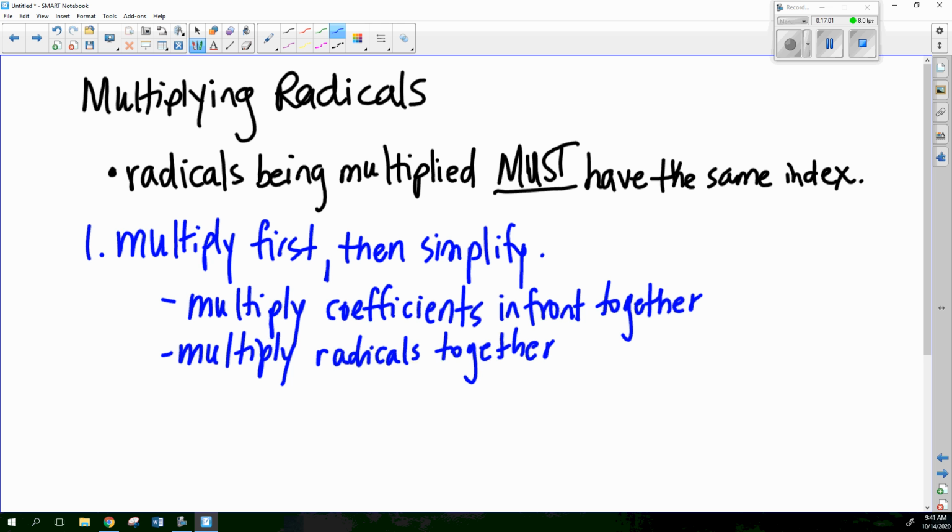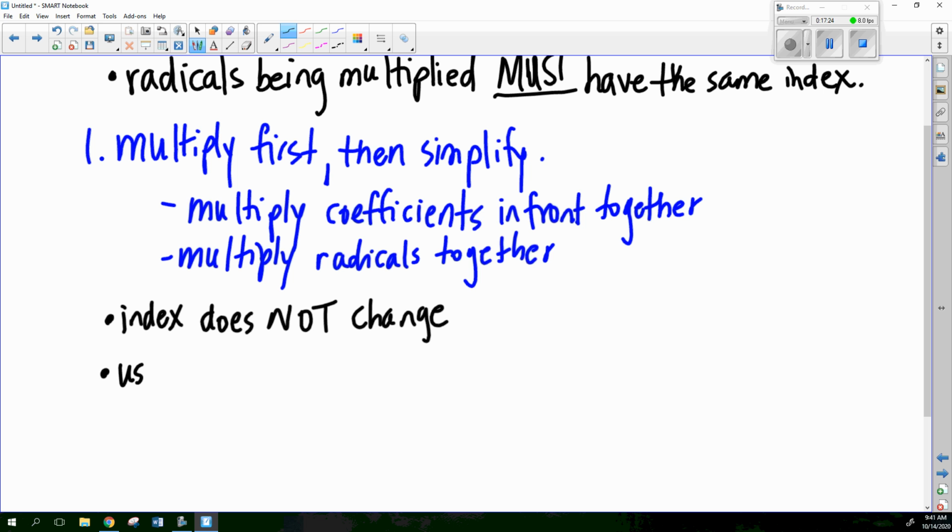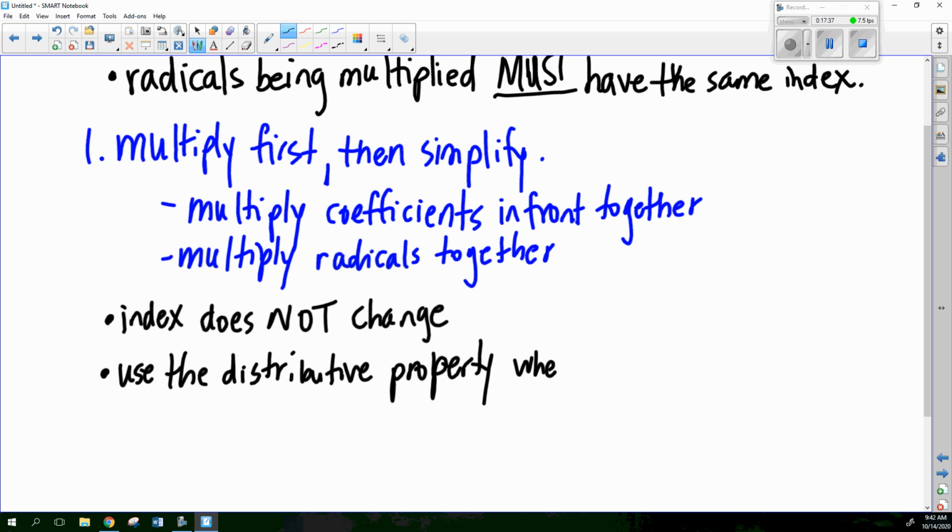You'll see what I mean in a minute. Okay? All right, you need to keep in mind the index does not change. And you may have to use the distributive property. Use the distributive property when necessary.